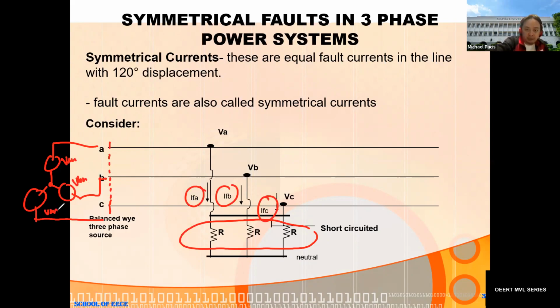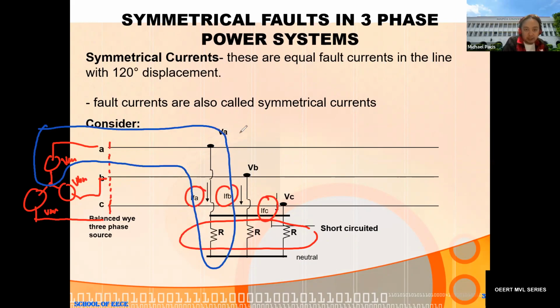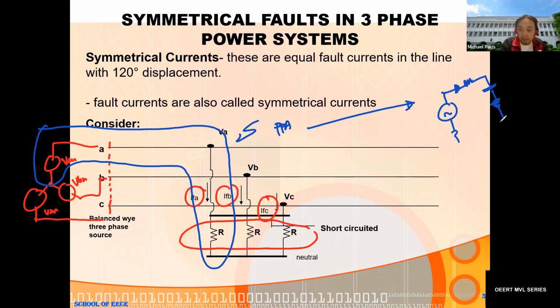And from here, if you want to get the fault current, it's very obvious that you need to use per phase analysis. So you can have a per phase basis here at A. At the end of the day, it will become like this: you have a transmission line, and then your resistive load R, and your transmission line ZTL.